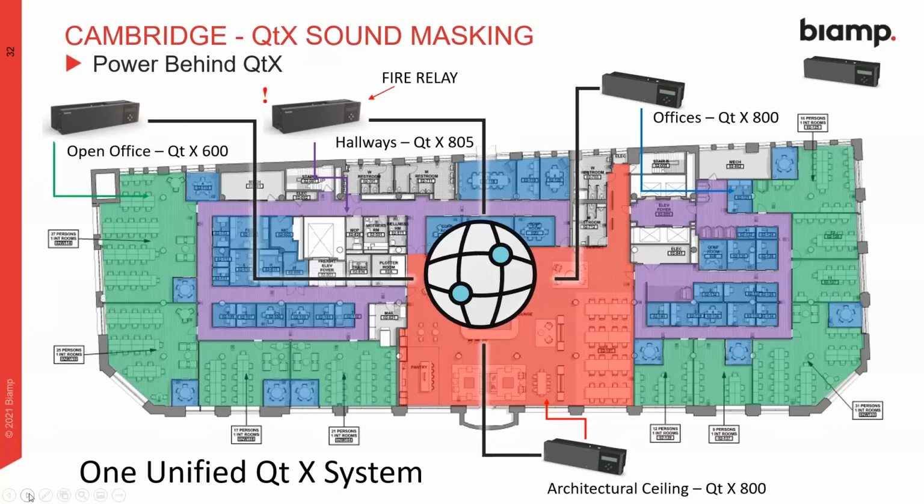It also gives us the ability for all of these processors to talk to each other. So in the event that we need to connect this system to a fire panel for the purposes of muting sound masking during a fire alarm activation, we can take the closest processor to the fire alarm panel, connect it to the relay, and when the fire alarm panel is activated, it will mute all of the processors with that one single connection without having to connect to all of the other devices.